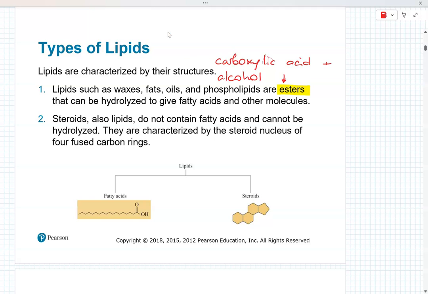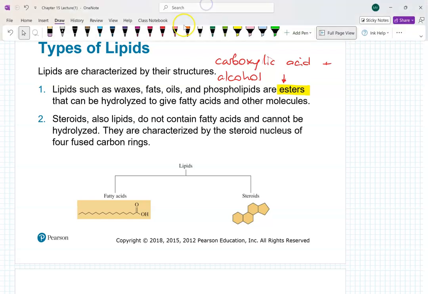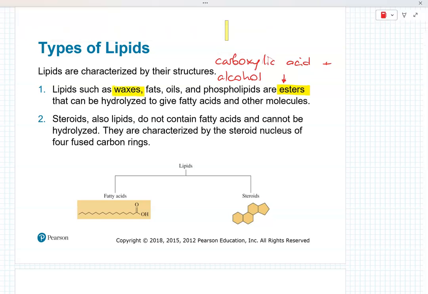Okay? Now the second, and that category, the category of esters, will include a wide variety of lipids, from waxes and fats to oils and phospholipids.